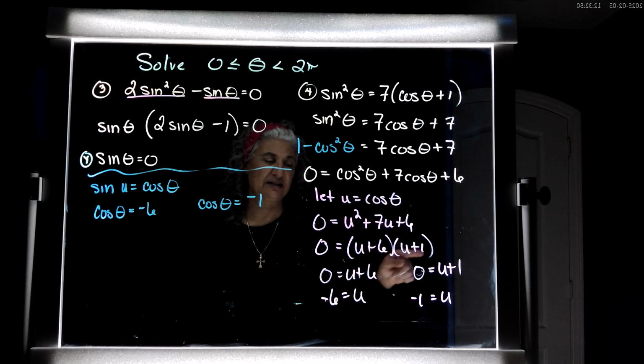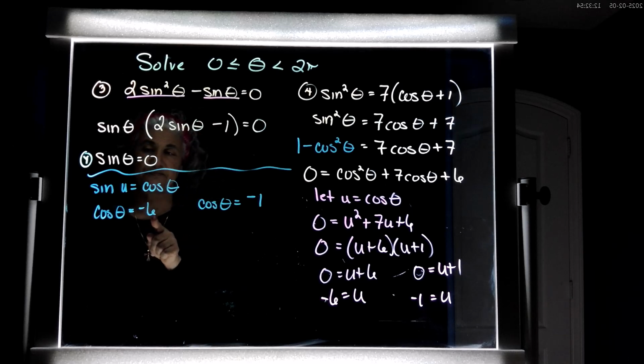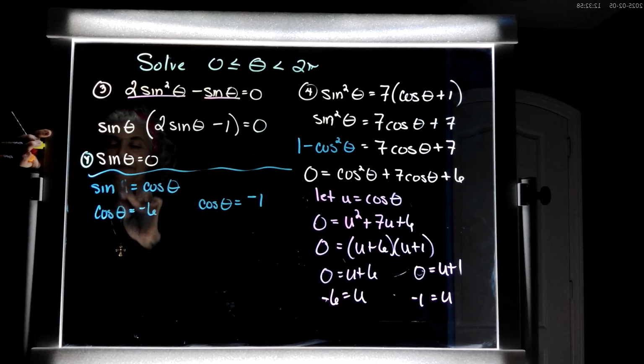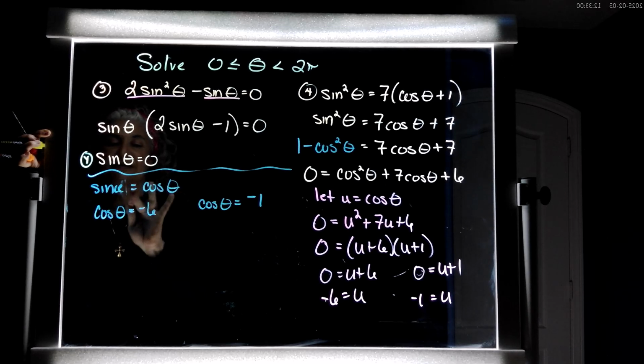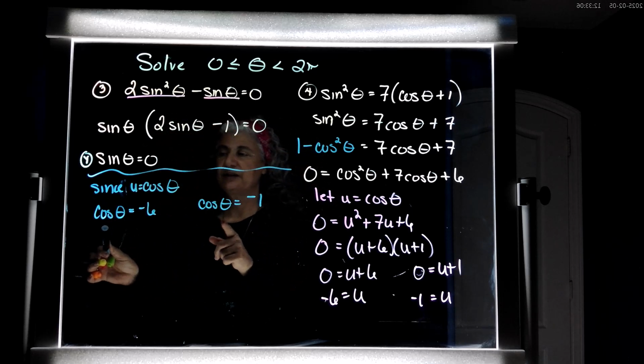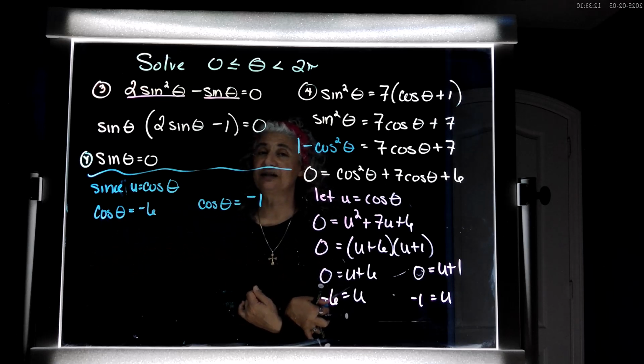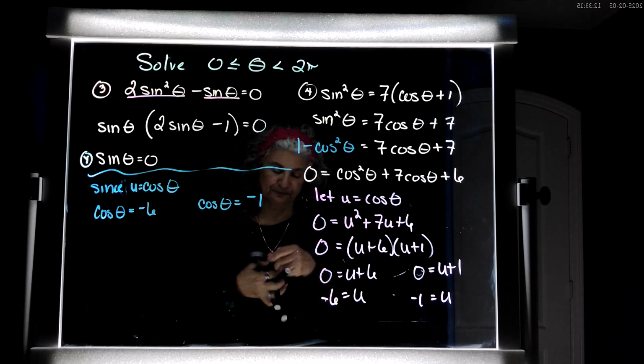This became very easy to factor and solve. And now, you know what I forgot to write here? Since U equals cosine of theta, I resubstituted and out went the U and in went back my cosine theta. Cool? Okay, so let's go solve this.